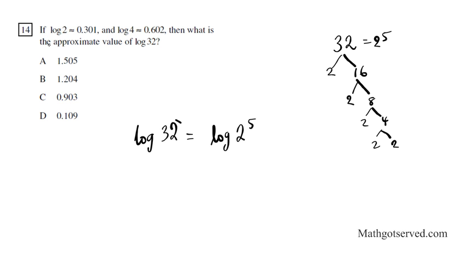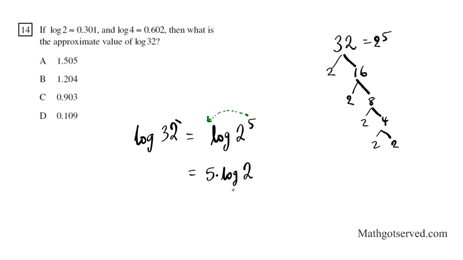I know what log 2 is. I don't know what log 2 to the 5th is. So what I'm going to do here is power down, using the power property of logarithms. This is going to be 5 log 2, like this.